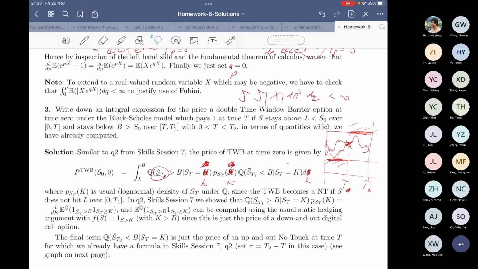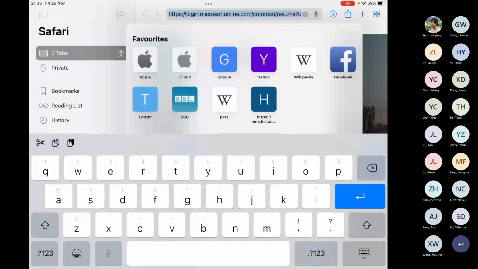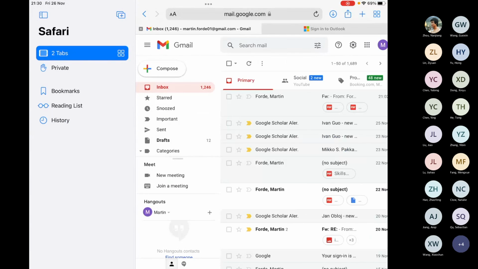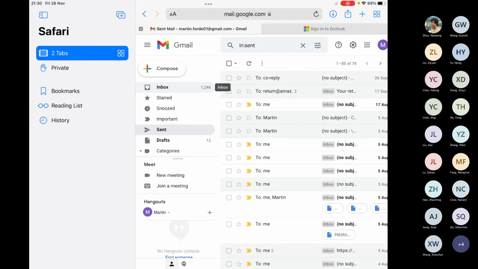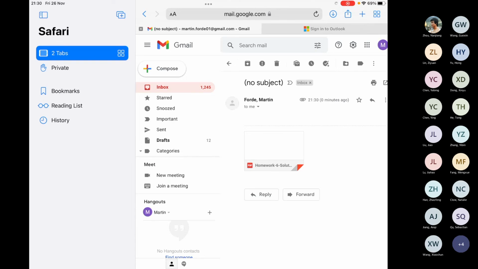Homework6 solutions. Send. Okay, go to my email. Open this one.